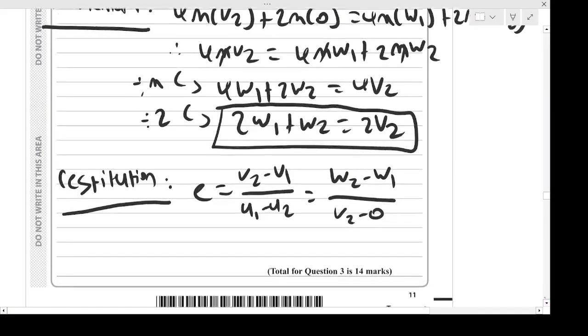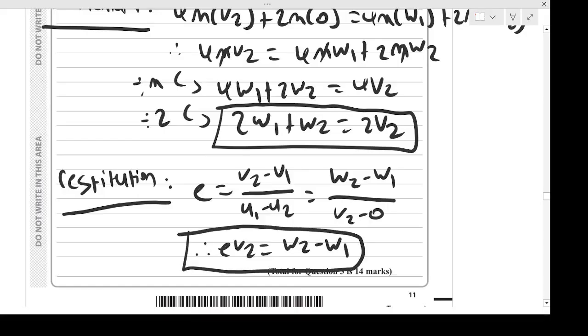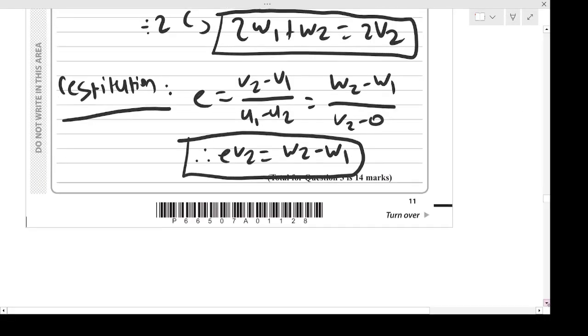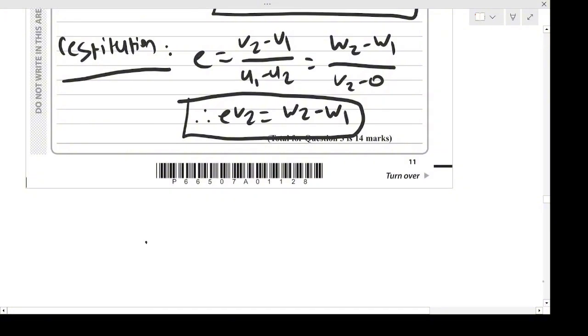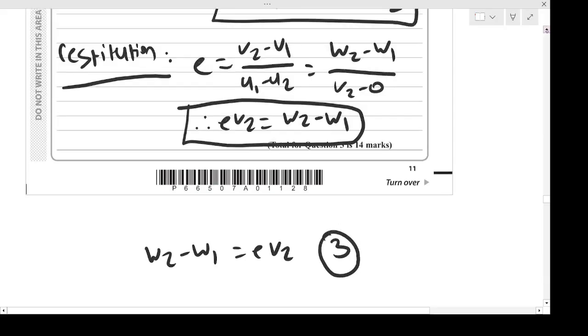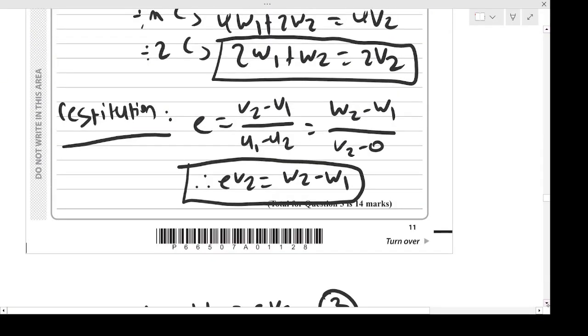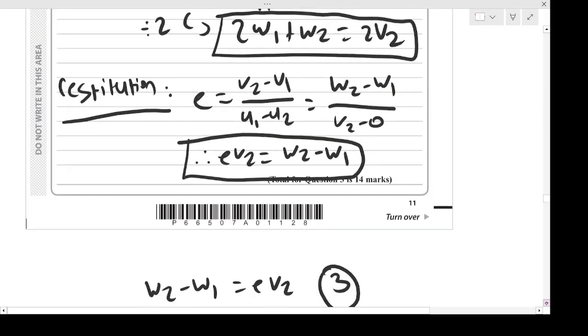And so again, it's still E, so it's going to be EV2 is W2 take away W1. And so I'll get these two equations. Now I've got simultaneous equations. So W2 take away W1 is EV2. And also for momentum, 2W1 and W2 is 2V2.